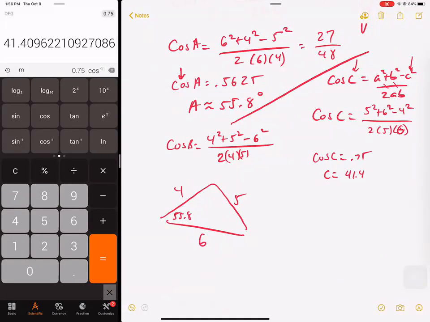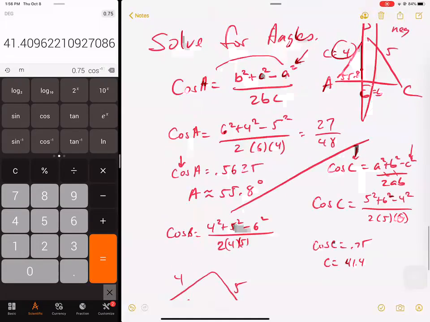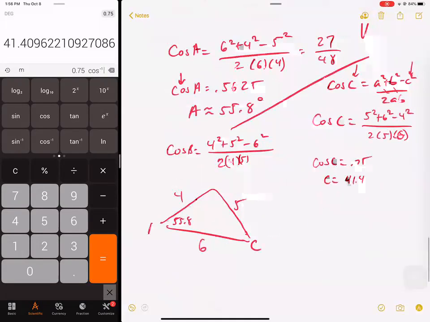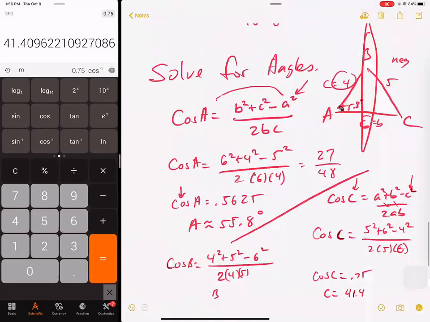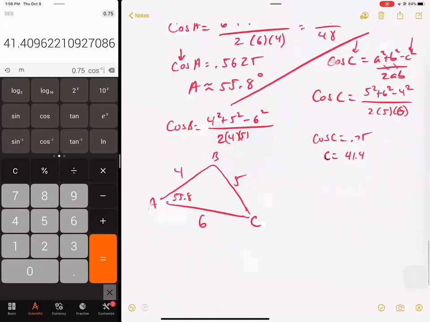Okay, for this problem, I'm going to solve for C also. I'm going to solve for angle C, but I'm going to use law of sines. And actually, it'll be faster. Remember, using law of sines, solve for the smallest angle first.